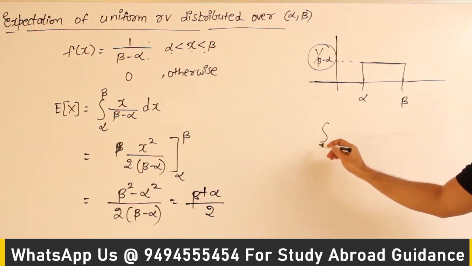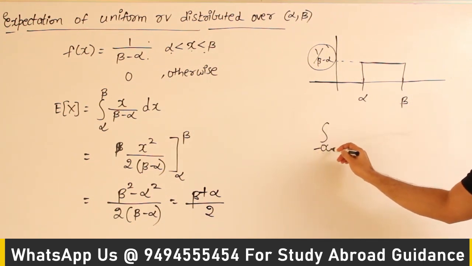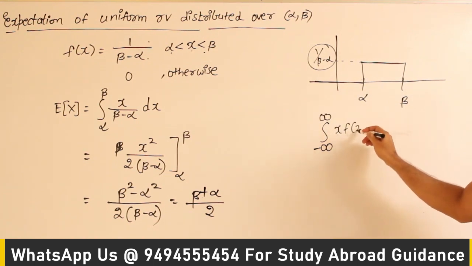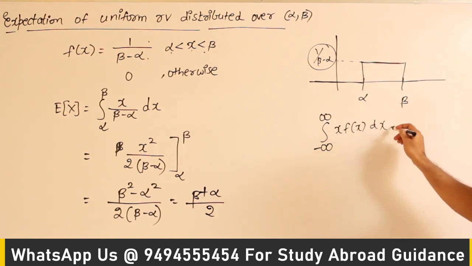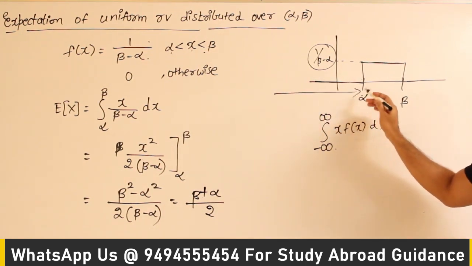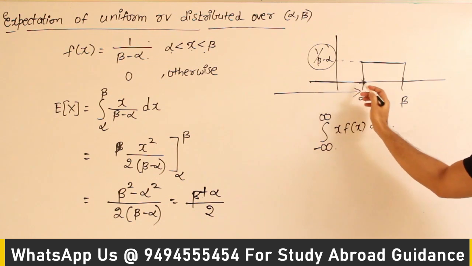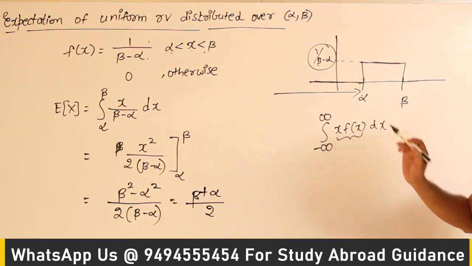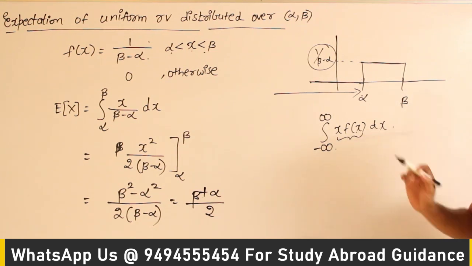What is the formula? In order to find the expectation, integral minus infinity to infinity x into f of x dx. But if you observe, from minus infinity till alpha, we don't have anything in f of x, so this term is going to be 0 because f of x is 0.